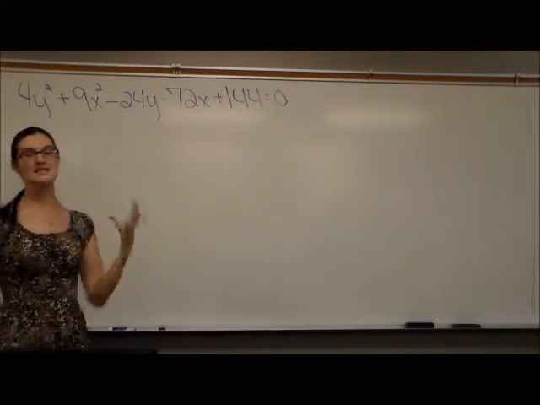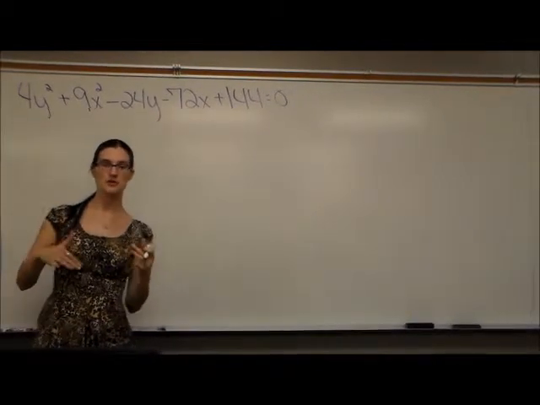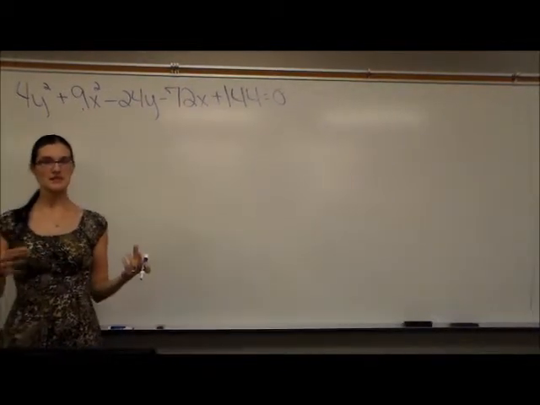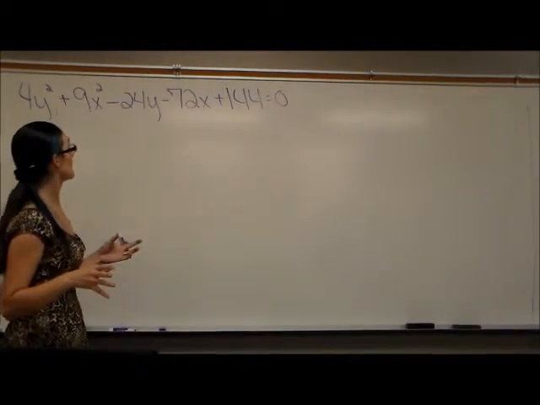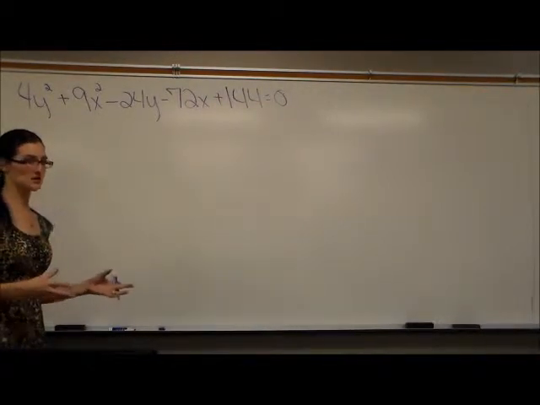We need to get this into that standard form of the x minus h squared over a squared plus y minus k squared over b squared equals 1. And in order to do that, we've got to complete the square.